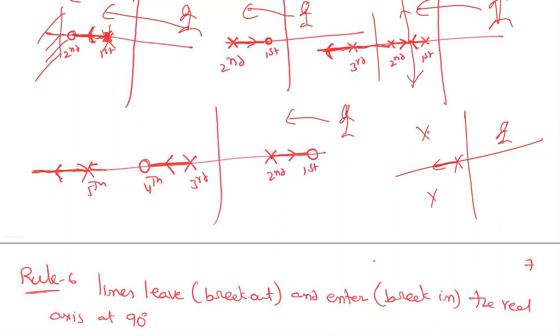Once we reach here, 3 is an odd number, so definitely there is a locus. I'm assuming this locus is going to go there. And there will be locus starting from here, but I don't know which direction it starts because I need more information. But for sure there will be locus going in one of those directions. But there is a locus.